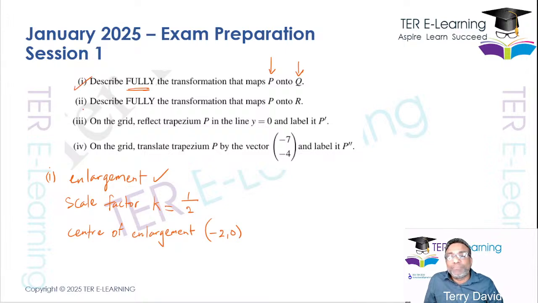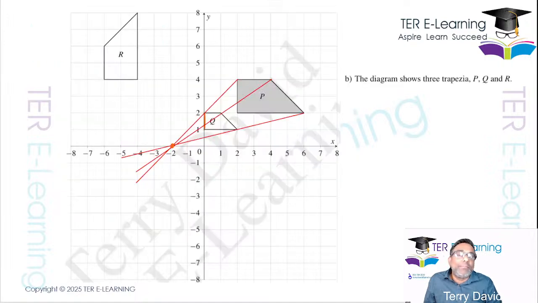So that's part 1. Part 2 now, we want to describe the transformation that maps P onto R. Let's go back to the diagram, right? What maps P onto R? So this is what we're starting off with here. This is P and this is R here. What do you all think that is?